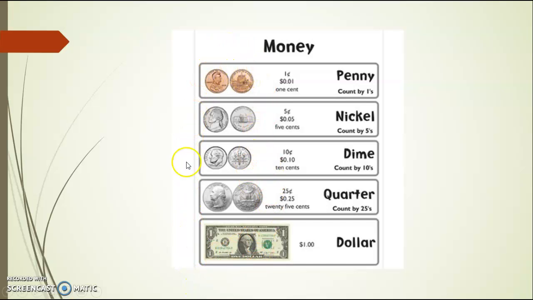Then in the middle we have what it is worth. So we know that a penny is worth 1 cent, a nickel is worth 5 cents, a dime is worth 10 cents, a quarter is worth 25 cents, and a dollar is worth $1. And here on this side, we have the names of them.